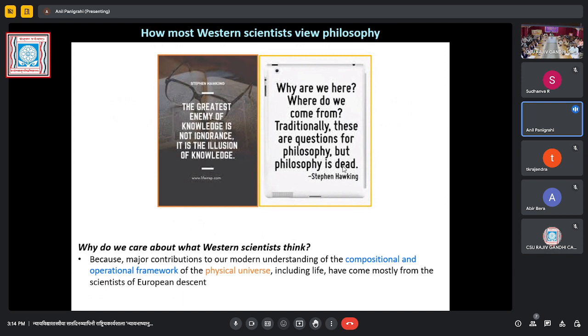We care about them because if you look into the modern aspect of science and technology today, almost all the advancements have come from the Western scientists, at least the scientists from European origins, from the Europe mainland or from the United States, Australia, Canada.